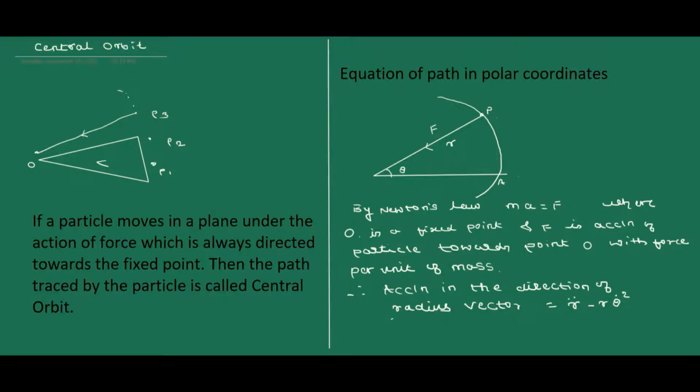So the radial acceleration is r double dot minus r theta dot square.